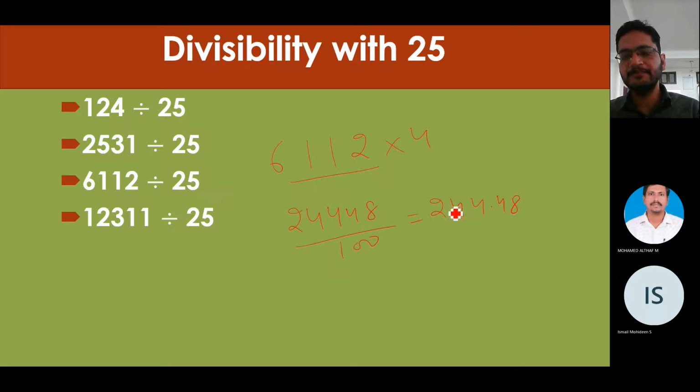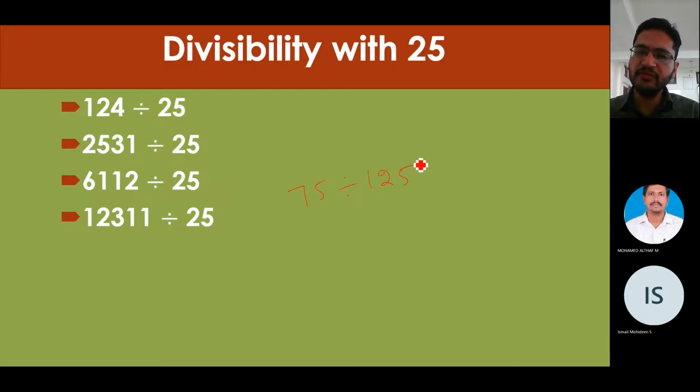And the same procedure, when we want to divide any number with 125, for example we have 75 and we want to divide this number with 125. Now 125 can be written as 1000 divided by 8.